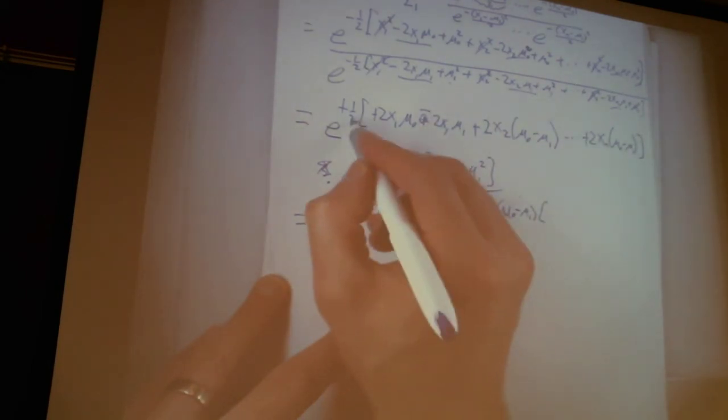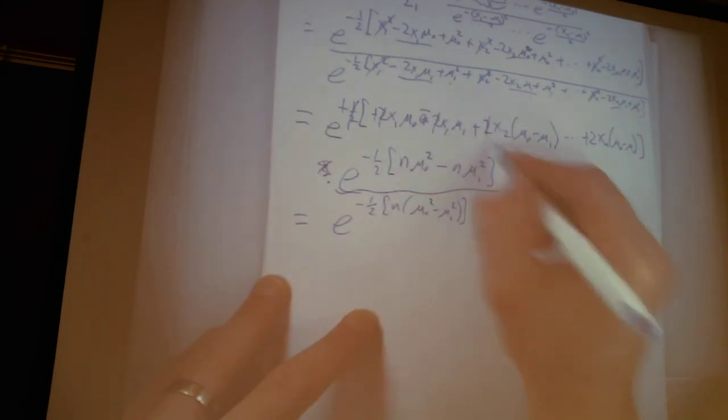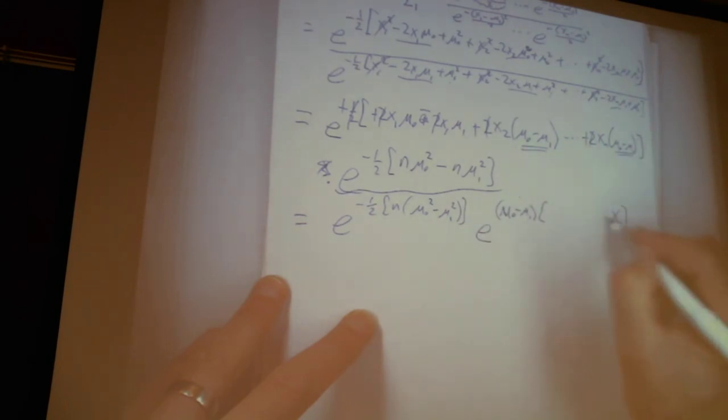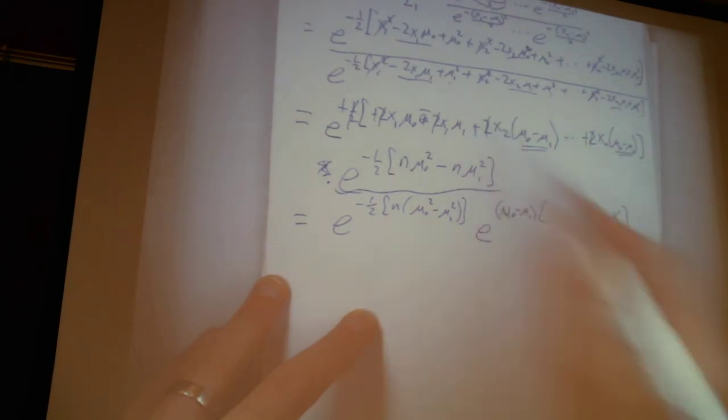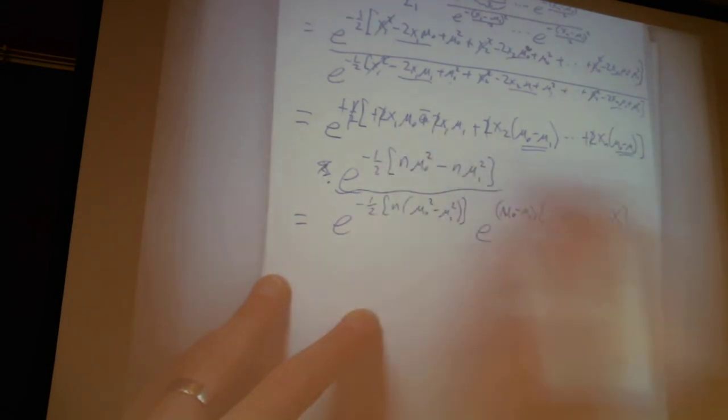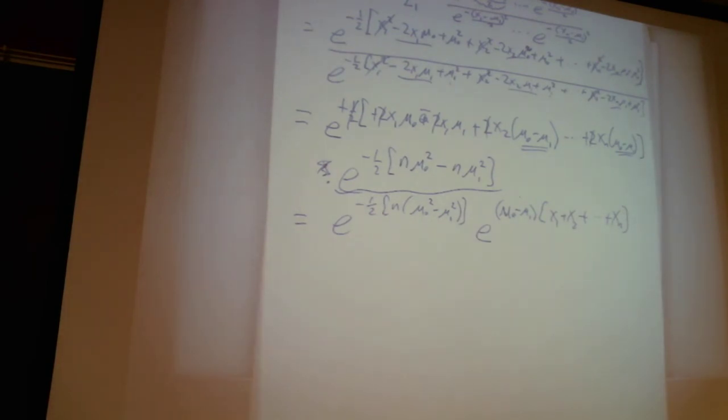The 2's have been canceled with the 1/2. I've pulled out a mu 0 minus mu 1 everywhere. What's left over is an xn and an x2, and an x1. Does everybody see that?